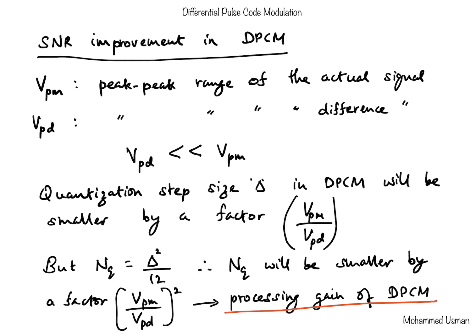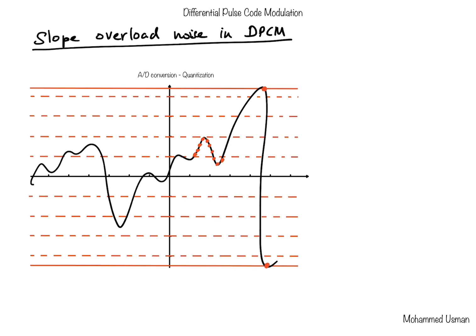But with DPCM, the entire analysis is based on the fact that the predictor is able to accurately predict the samples, and the predictor is designed by using the fact that successive samples have a high degree of correlation. What we mean by that is that the entire idea behind DPCM is that samples which are next to each other have a high degree of correlation, in the sense that their values are very close to each other.